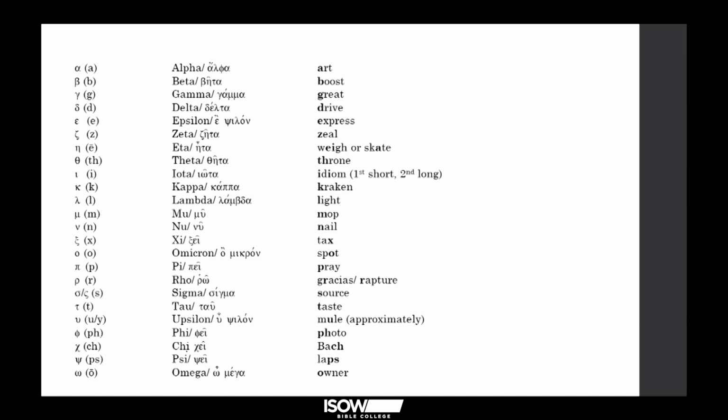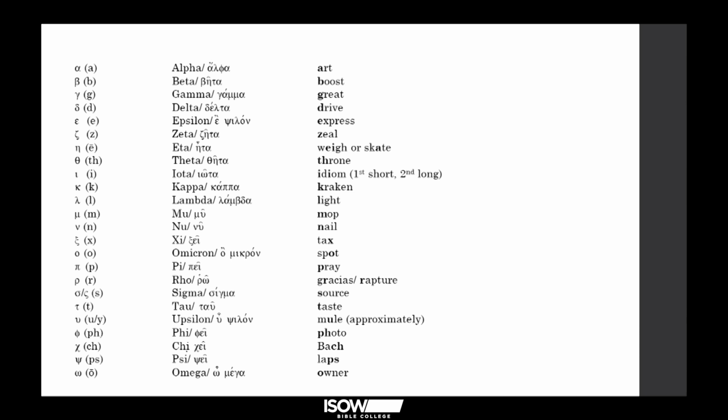Zeta will be pronounced similarly to the English Z, as in zeal. Eta, a longer form of what is an E-class vowel, just like epsilon, is going to be pronounced like A, as in way or skate. Theta will be pronounced like TH in English, as in throne.